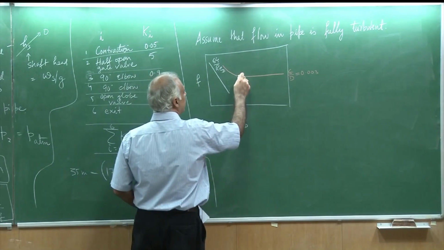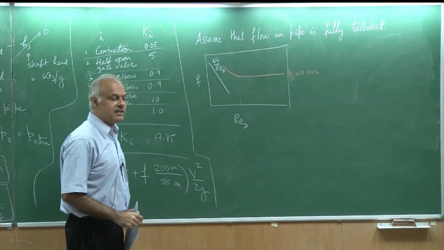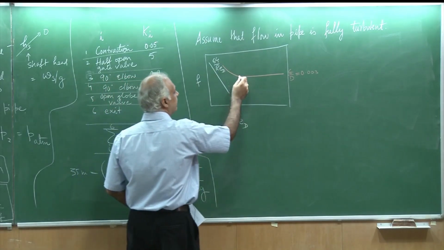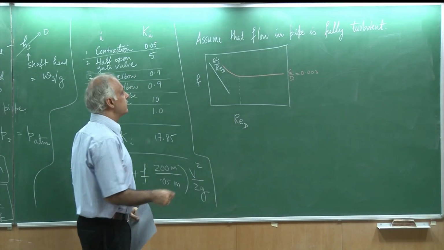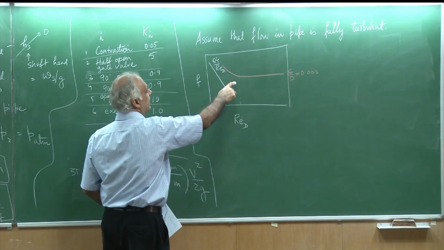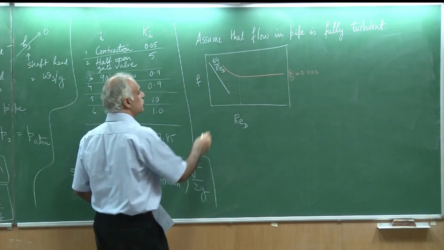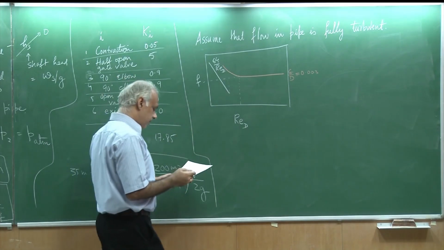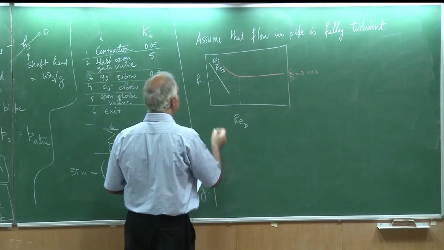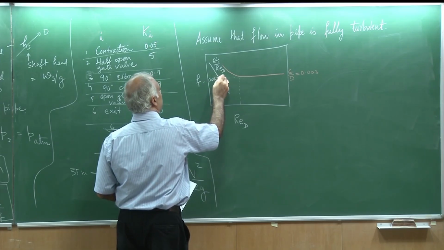Now, this is where the flow has become completely turbulent, and therefore the f value does not seem to depend on Reynolds number. That is what I am assuming, that the flow is lying in this regime, and I can choose the value of f from the Moody chart. This value I have read out is roughly 0.027.